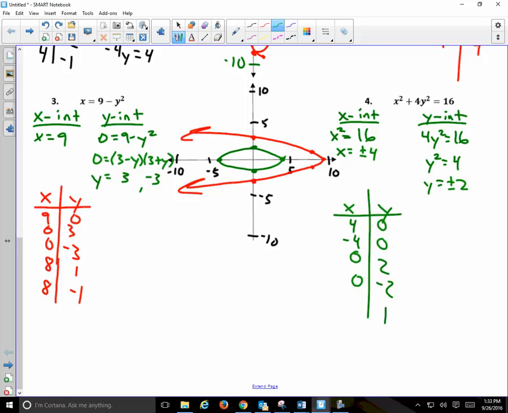And so I will have x squared plus 4 is equal to 16, or x squared is equal to 12. So x is plus or minus root 12, which is 2 roots of 3. So that means positive 2 roots of 3 will give you 1, and negative 2 roots of 3 will give you 1. Anybody know what the square root of 3 is?